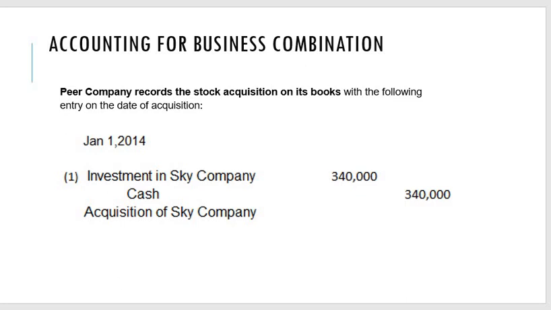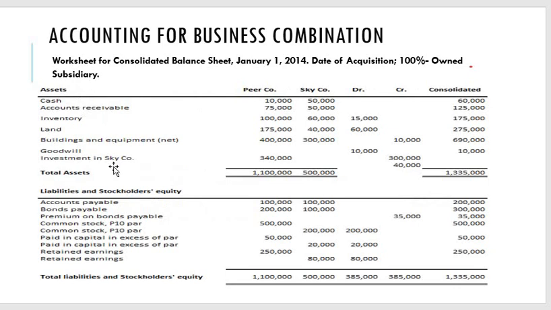After the acquisition, if we immediately prepare a consolidated balance sheet or consolidated statement of financial position, we shall prepare a worksheet. We have here the worksheet, with the separate FS of Peer Company and also the separate FS of Sky Company.